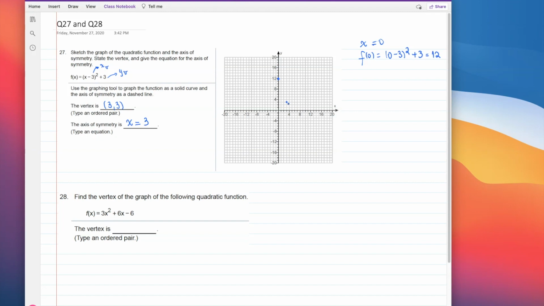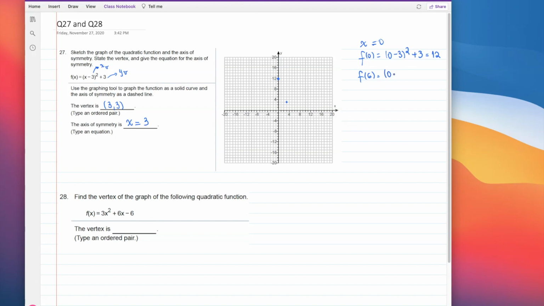And now if I get the number 6, it will also be 12, because 3 to the left, now I have my vertex on 3. And then I got the 0, so I took away 3 points from my x. And now I add 3 points to find the other side, and it will be 12 as well.